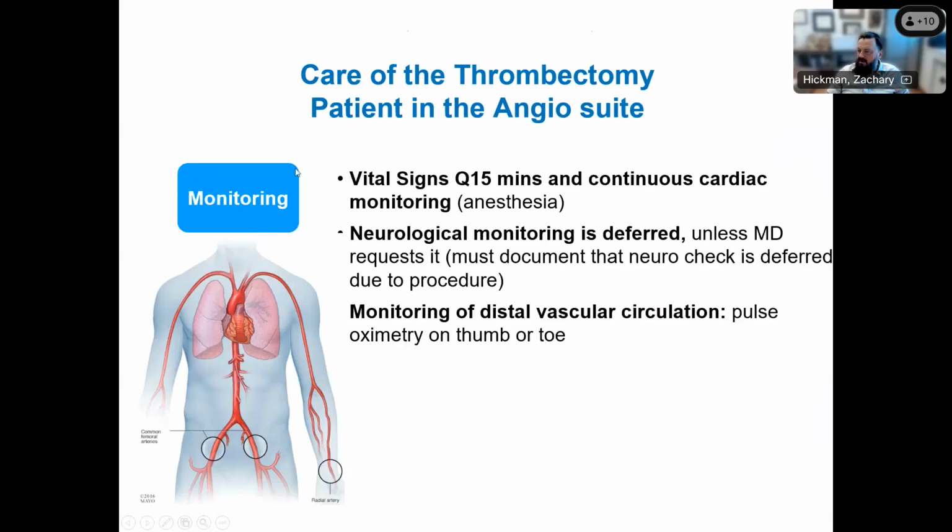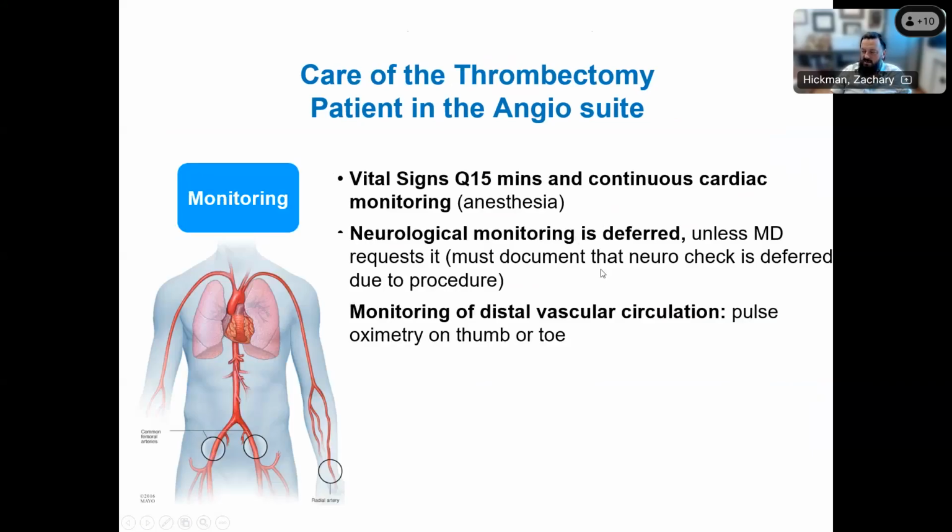So monitoring, they will be monitoring vital signs every 15 minutes and using continuous cardiac monitoring with the anesthesia team. Oftentimes, serial neurological exams during the procedure are deferred, unless for some reason the MD requests it.